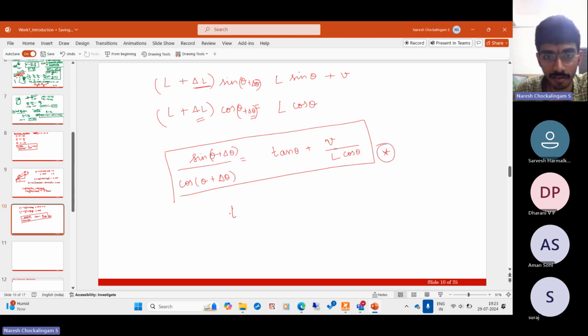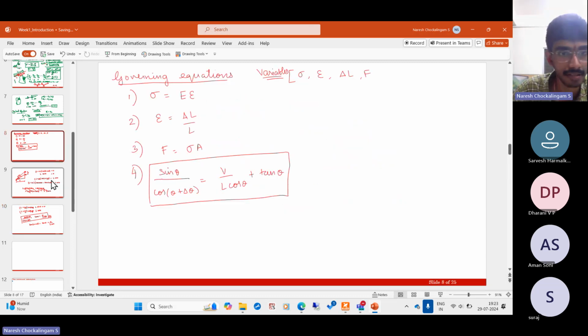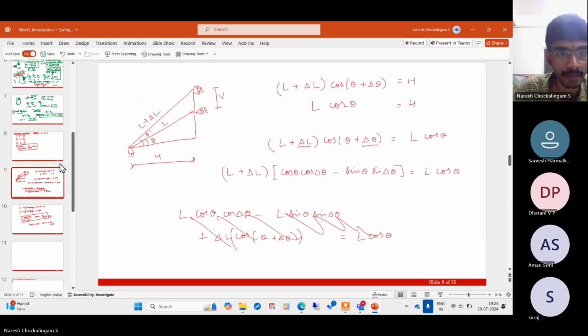Thanks for that. So it is tan of theta plus delta theta is equal to tan theta plus V by L cos theta. Let's be careful. So this is L plus delta L sine theta plus delta theta is equal to L sine theta plus V. Okay, I think this is correct.